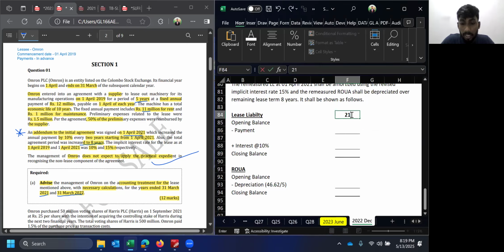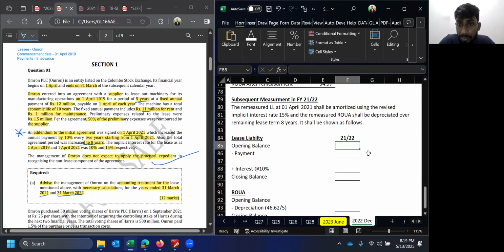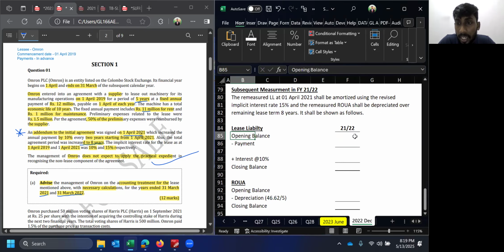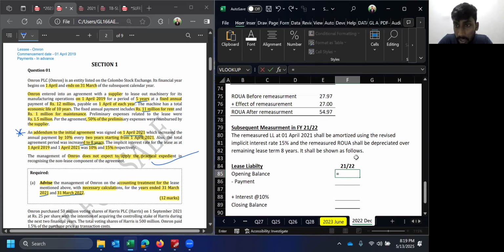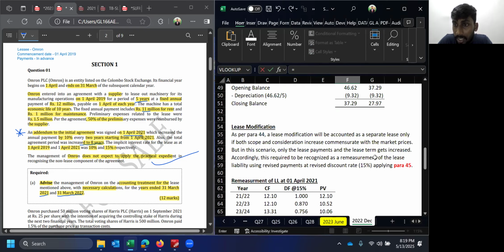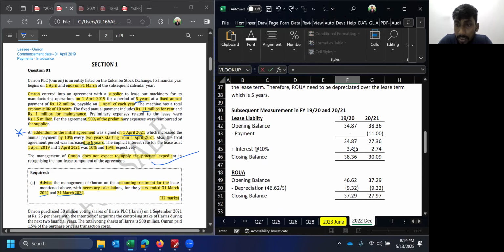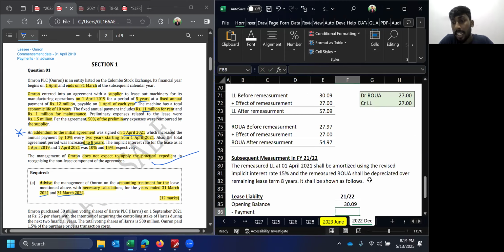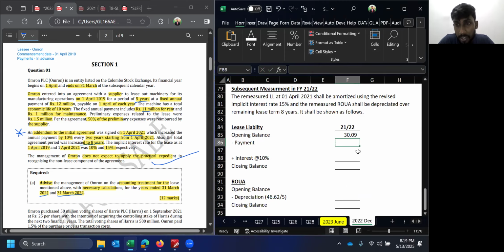Okay, so this is year 21-22. We have the opening balance, which comes from the prior year closing. We calculated it, right? Prior year closing 30.09. That is the lease liability before remeasurement.